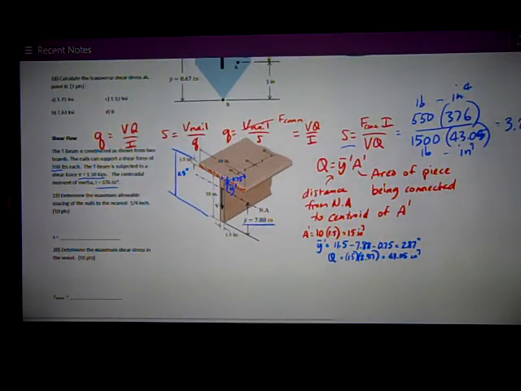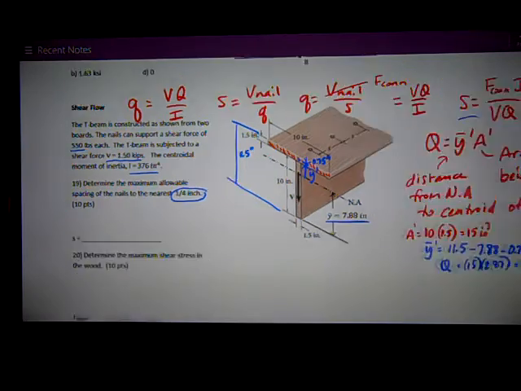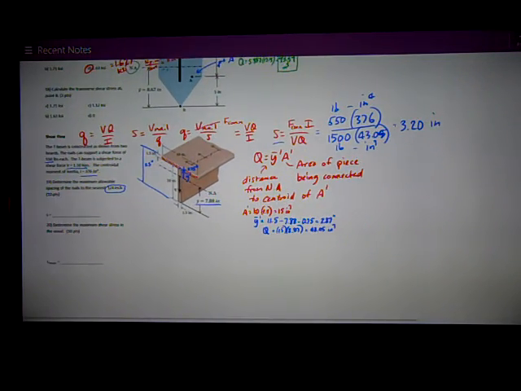Okay, the problem asks me to give the spacing to the nearest quarter inch. So I can go up to 3.25 or I could go down to 3.0 inches. Now I'm trying to provide a shear flow of Q is F divided by S. So if I've got 550 on the top and I try 3.25, that's going to give me a number slightly smaller, so it's less shear flow than what I really need.